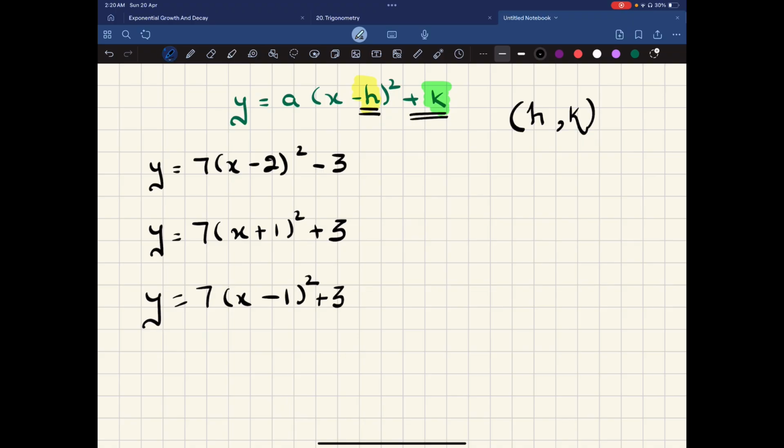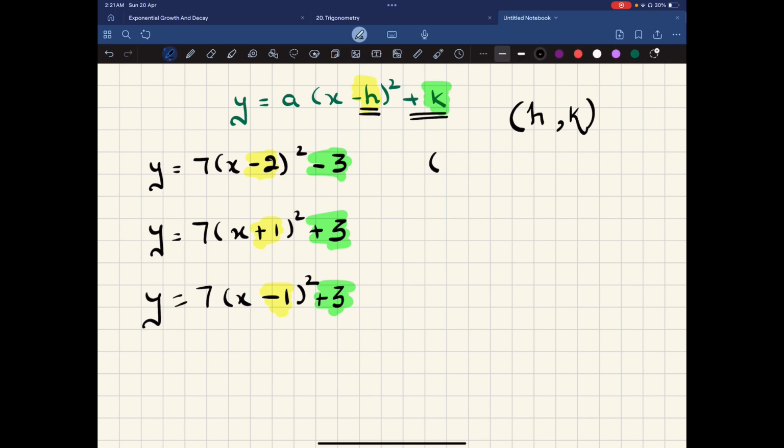Let's have a look. These are going to be the y coordinates of our turning points, and this with the opposite sign is going to be the x coordinates.